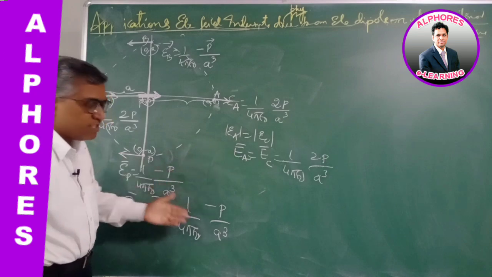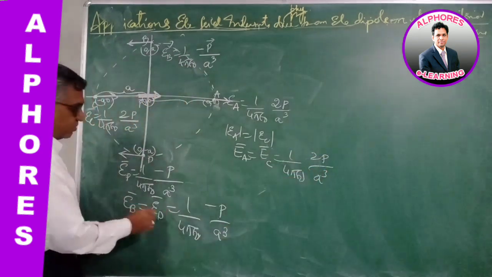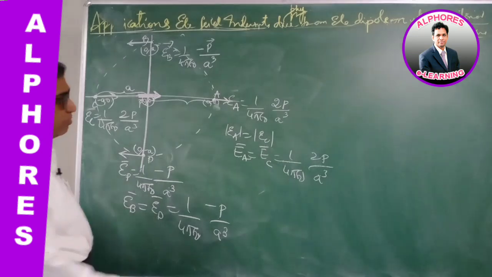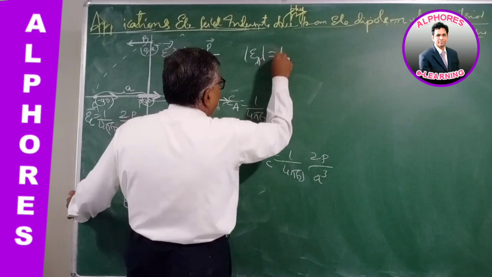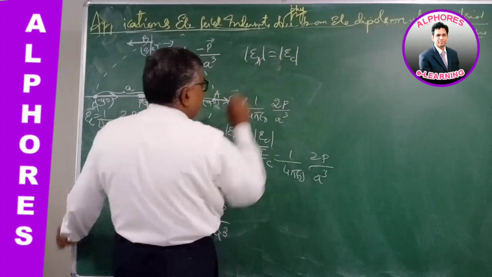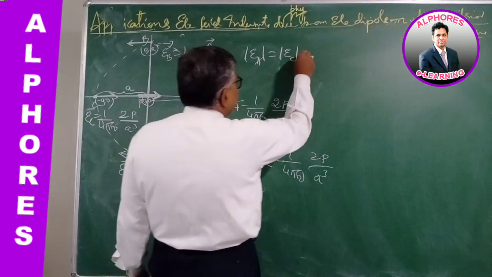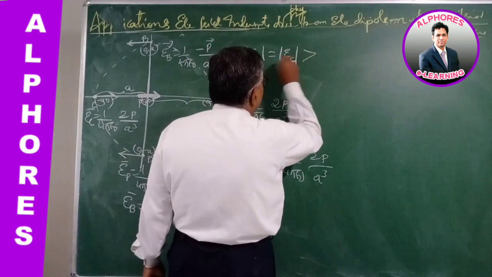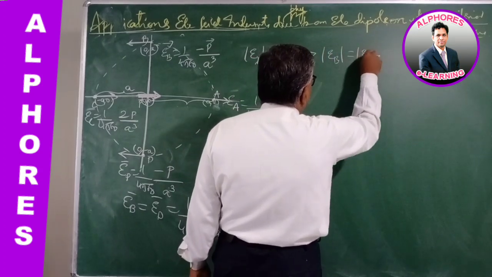Now comparing these two, here the magnitude is 2P by a cubed, but here the magnitude is P by a cubed. So magnitude wise, EA is equal to EC, but EB and ED are half of it. So A and C are more than mod EB and mod ED.